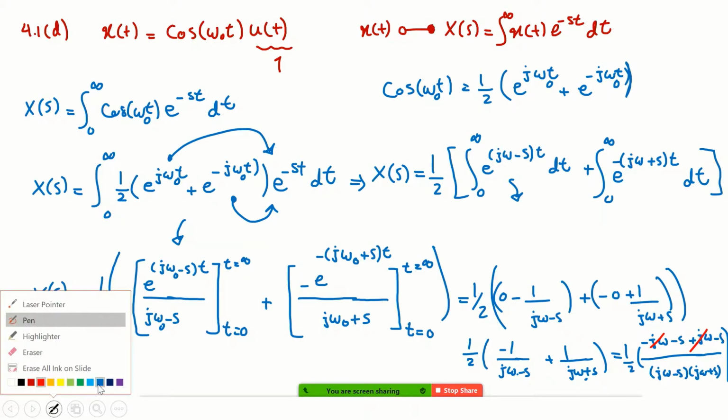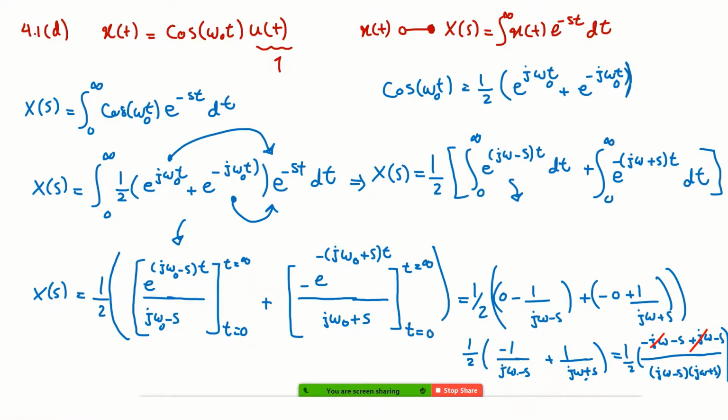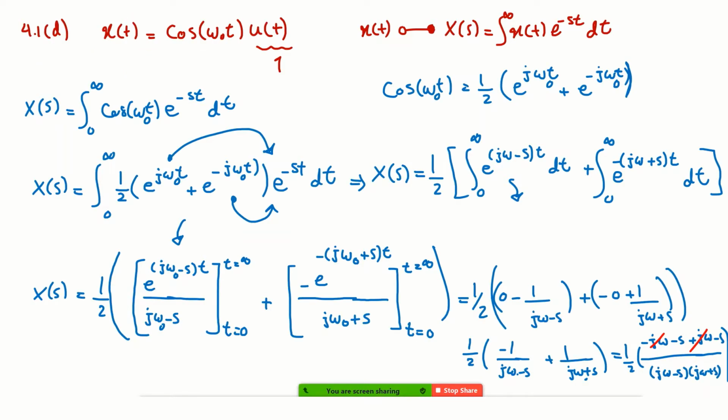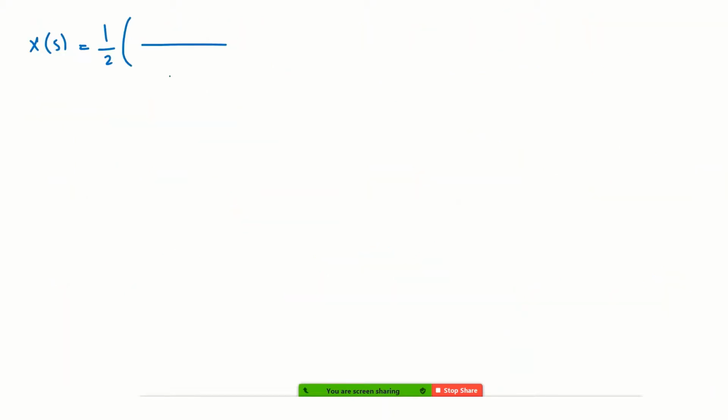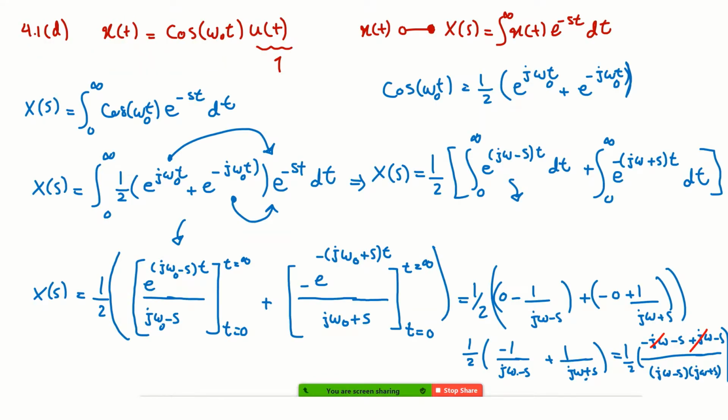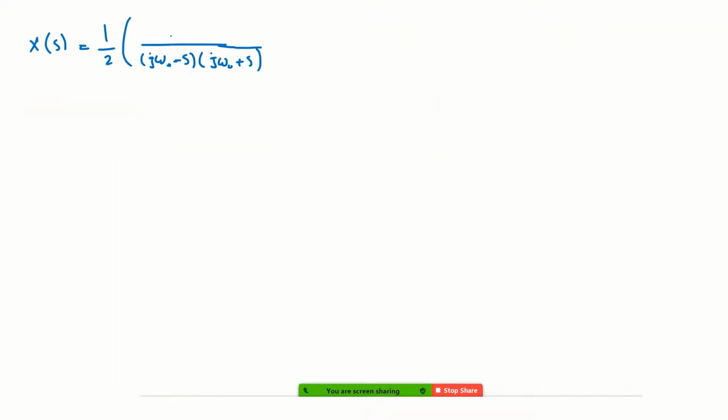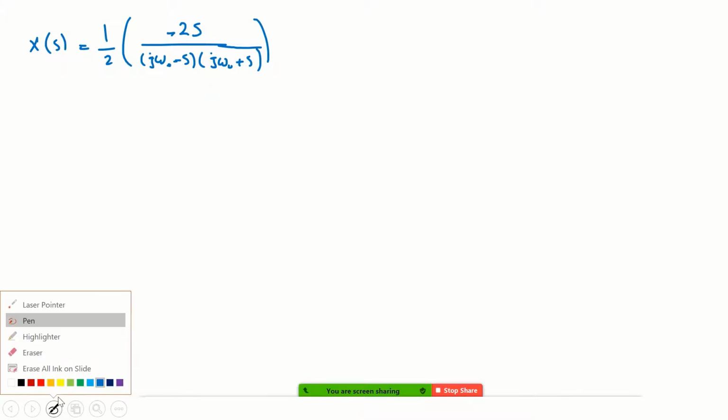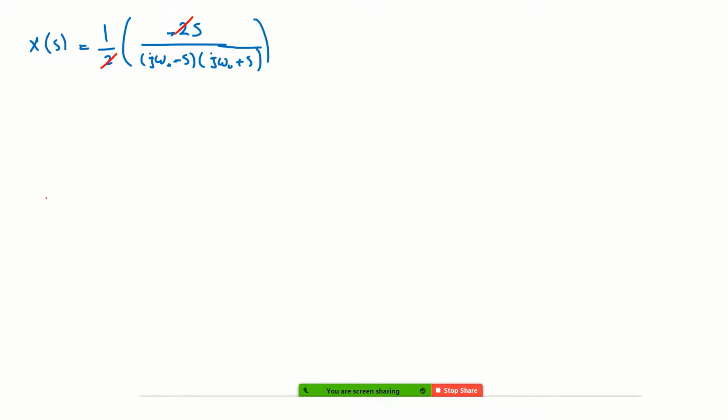X(s) equals 1 over 2 times the numerator over j omega 0 minus s times j omega 0 plus s, and the numerator would be minus times 2s. Simply, these cancel each other.